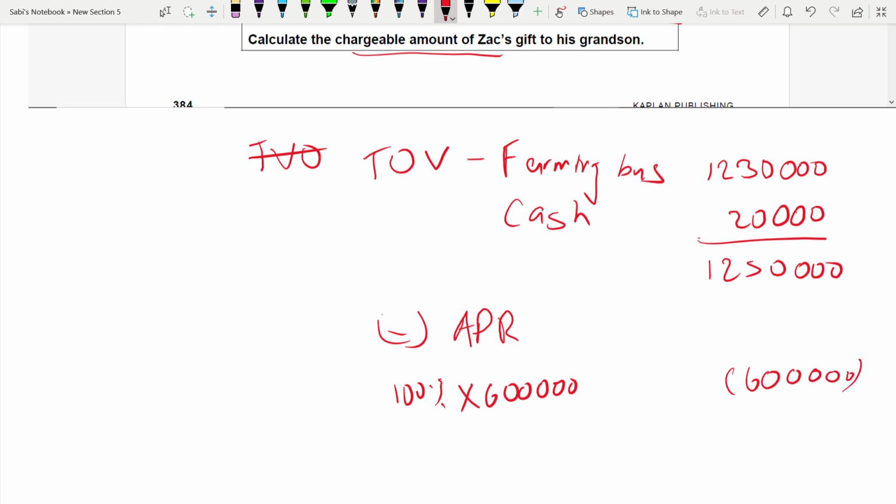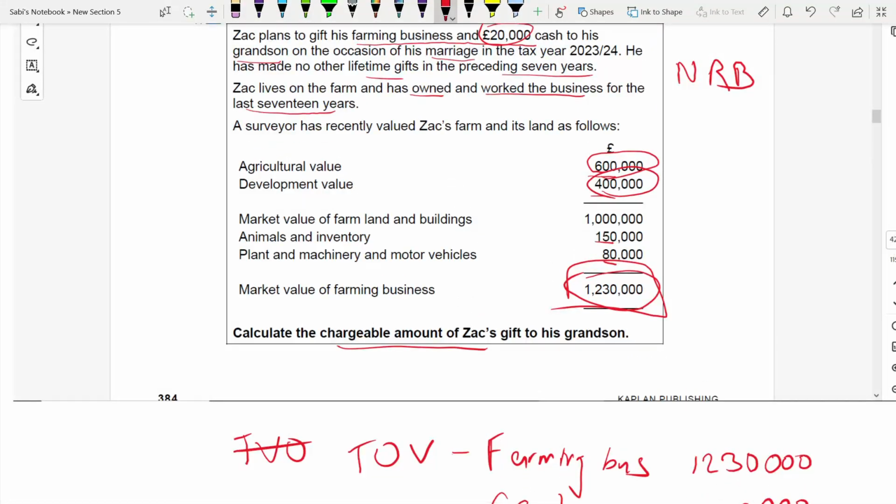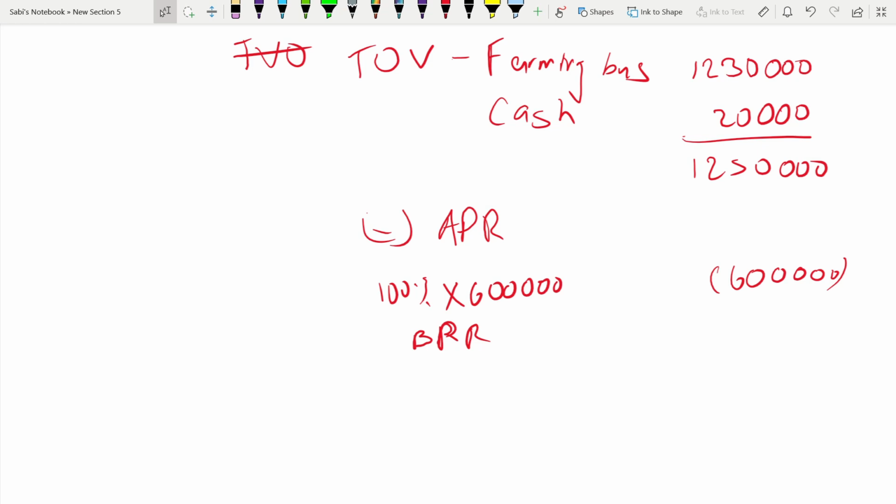Next, we'll deduct BPR on any remaining value. So BPR will be on this 400,000, on this 150,000, and on this 80,000. Motor vehicles, animal and inventory, and the development value. APR only comes on agricultural value. The rest all is BPR, and you will get BPR. The reason is because you have owned it and worked there for 17 years.